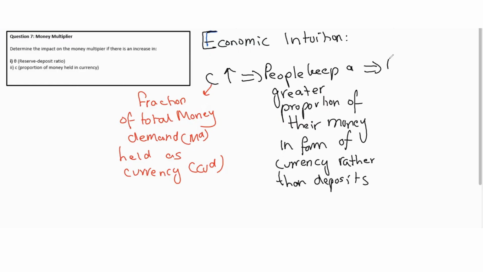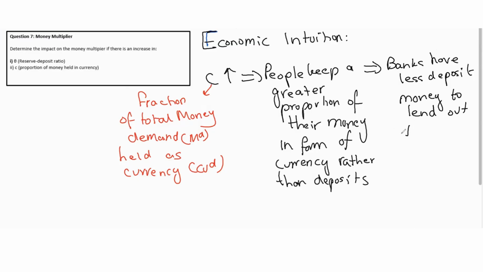So banks have less deposit money to lend out, thus limiting the money creation process, reflected in a smaller multiplier.